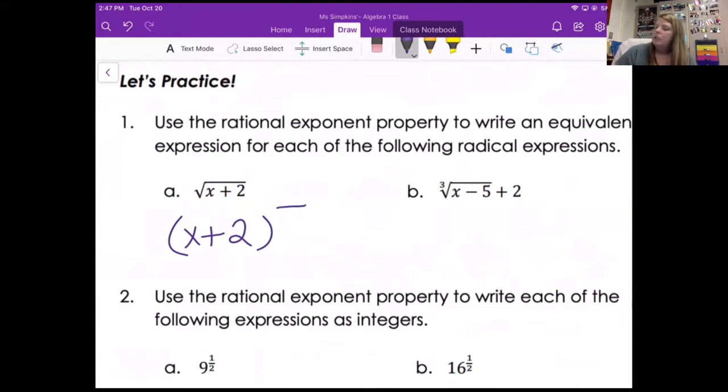Well, I need a fraction. The denominator is, what root am I taking? Square root is what number? 2. So that's the denominator. And what exponent is x plus 2 being raised to? The first, right? Since there is no exponent, our numerator is going to be a 1.